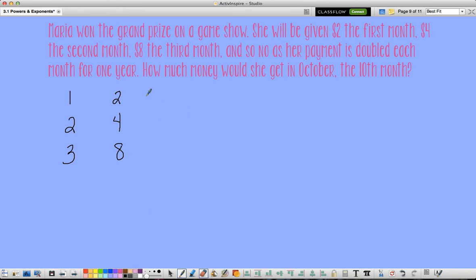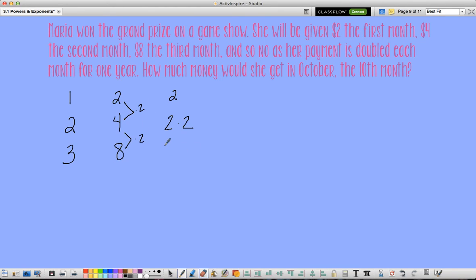Let's look at what's happening here with exponential form. So here, when you have $2 in that first month, you have just 2. But then now you're doubling the earnings. So to go from 2 to 4, you're multiplying by 2. So this is actually 2 times 2. And then you're multiplying again.